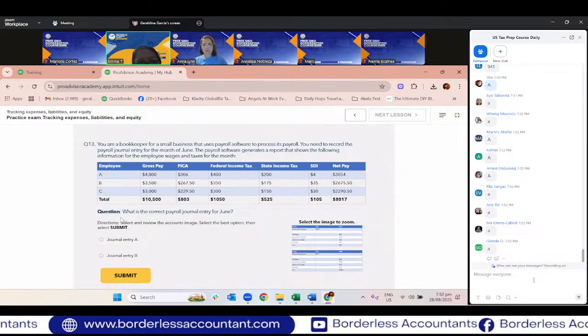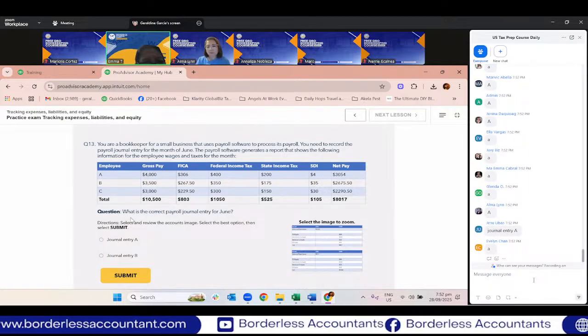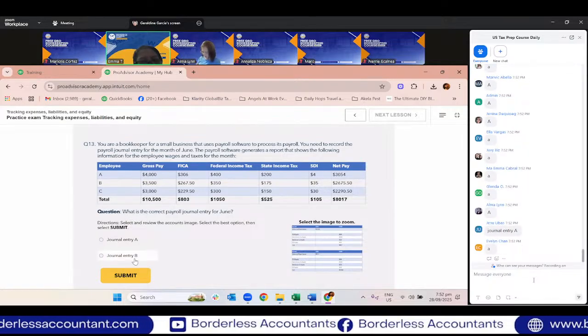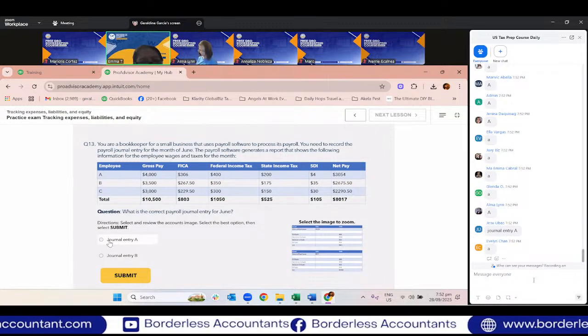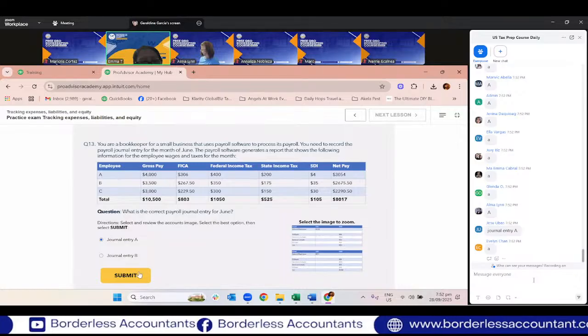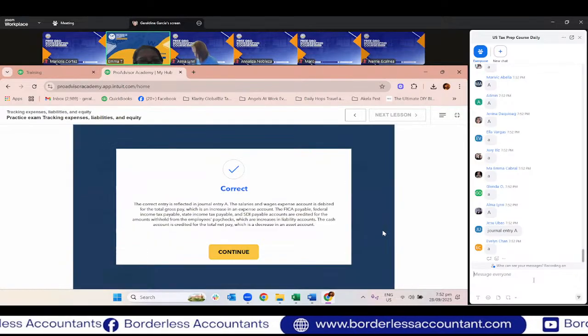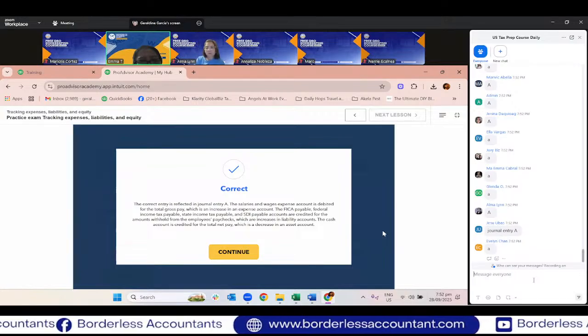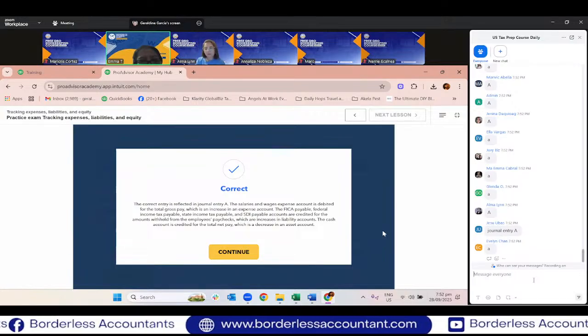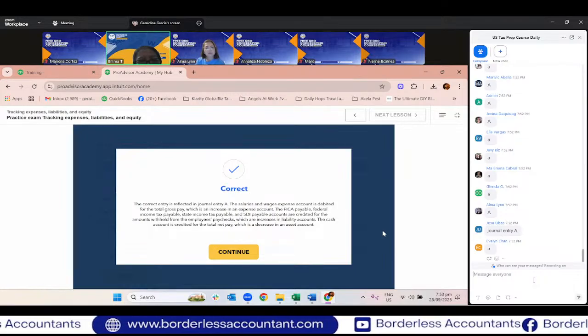What's the appropriate entry for this? Entry letter A or entry letter B? Our choice is the majority. Choose journal entry A. Let's click on submit, gang. Okay. The correct entry is reflected in journal entry A. The salaries and wages expense account is debited for the total gross pay, which is an increase in an expense account.